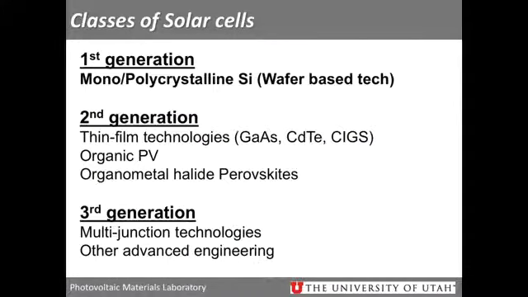Okay, so now we'll talk about the different classes of solar cells. I'll briefly discuss the different technologies and some engineering feats that have been undertaken to improve the efficiencies of these cells that aren't obvious routes.